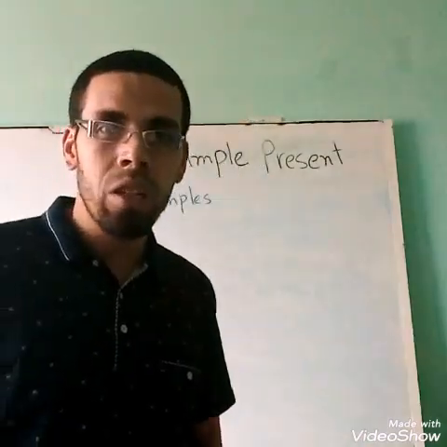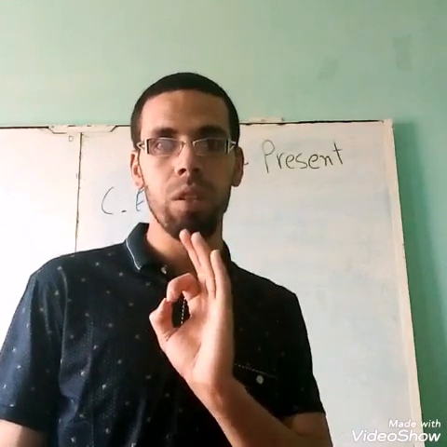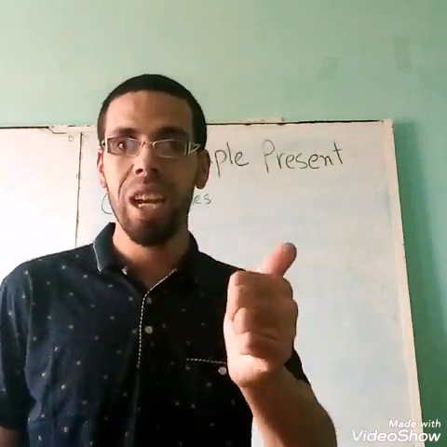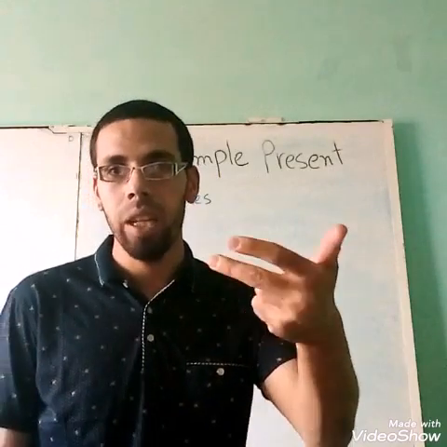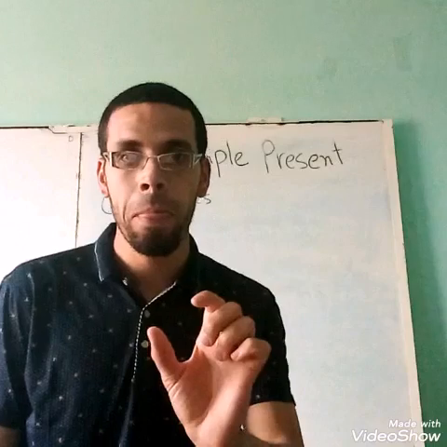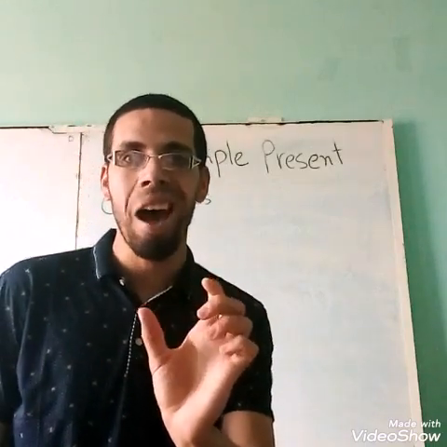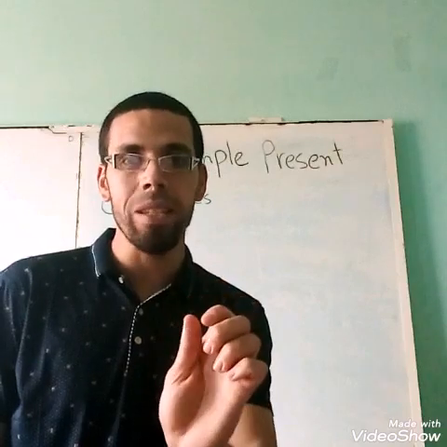Okay? In English, I am going to give you a sentence and you should put it in the negative form and then in the interrogative form. Okay? This sentence is: Honey comes from bees.